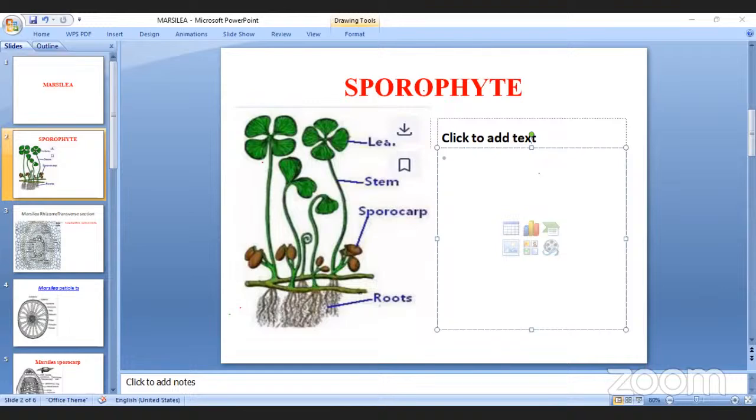Life cycle. How to learn the life cycle? When we start with the types, with Marsilea, we start with the sporophyte structure.